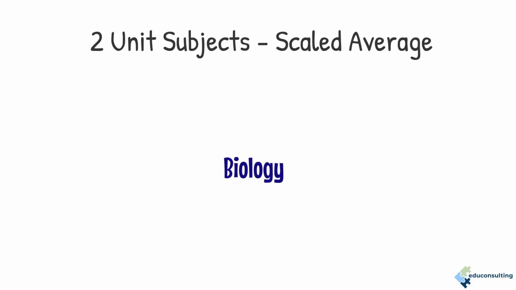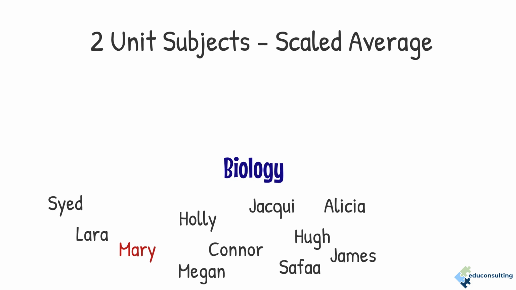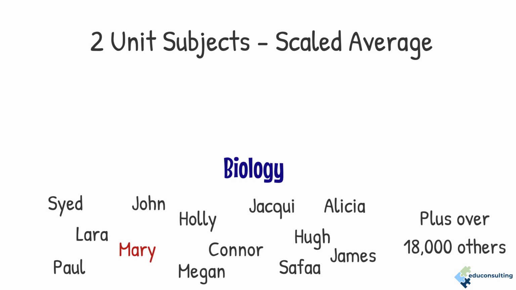So the first thing is calculating the average scaled score in each subject, and we'll use biology as an example. Mary studied biology along with a whole lot of other students in her school and a whole lot of other students in the state. In fact, biology is very popular and over 18,000 students study the course.